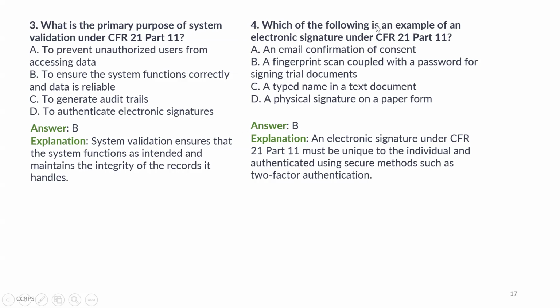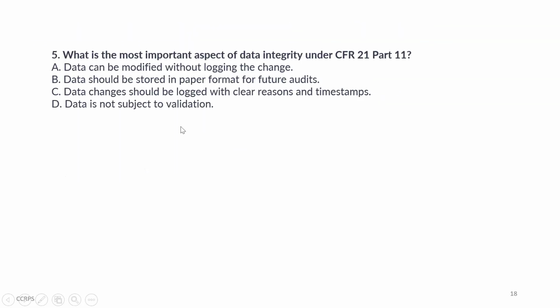Question 4. Which of the following is an example of an electronic, or e-signature, under CFR 21 Part 11? It would be B, a fingerprint scan coupled with a password for signing trial documents. So B is the answer. An electronic signature under CFR 21 Part 11 must be unique to the individual and authenticated using secure methods such as two-factor authentication.